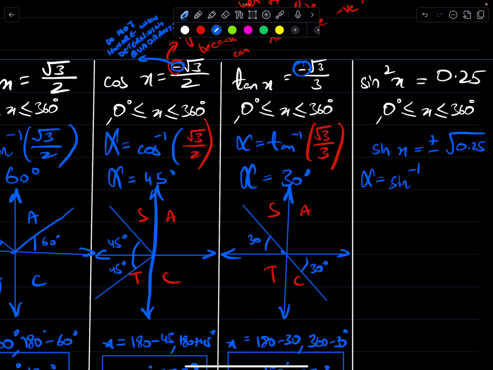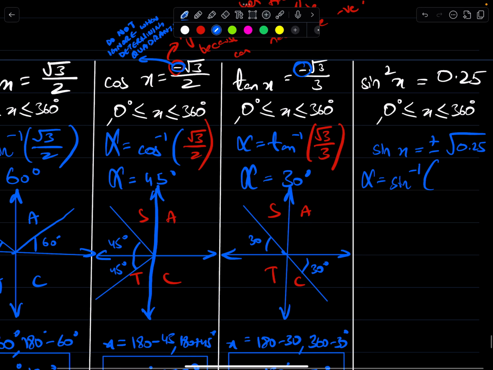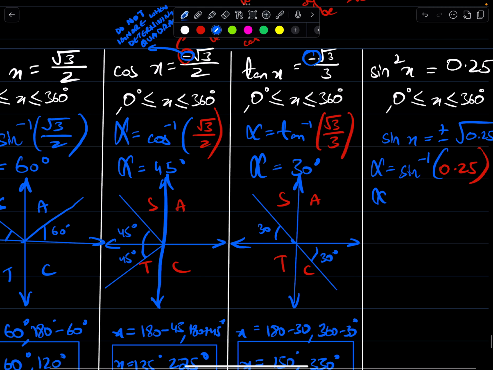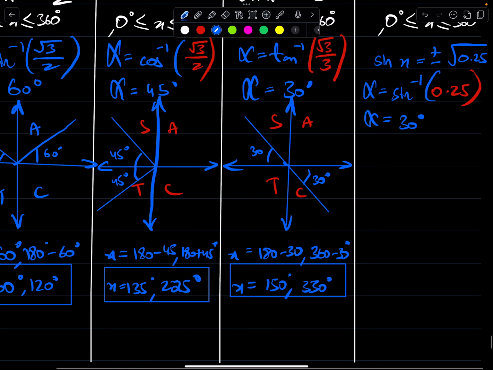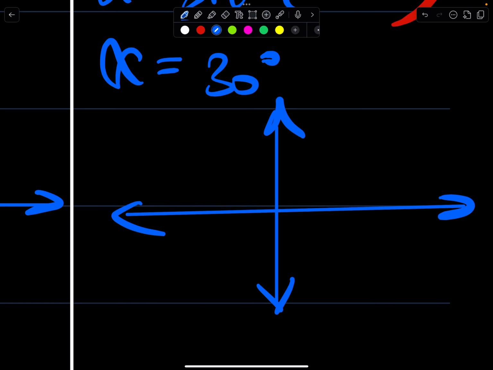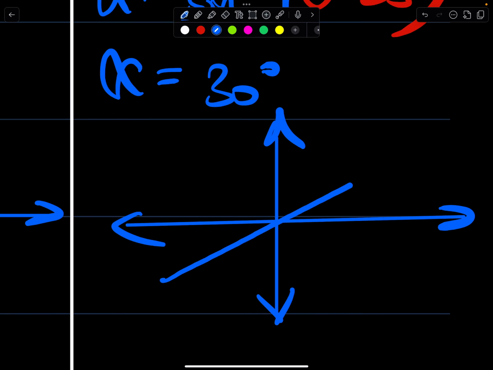Sine inverse of, we will only consider 0.5 since alpha can never be negative, and alpha turns out to be 30 degrees. We will use ASTC. I'll zoom in. Sine was to be found in all four quadrants. Thus we have something like this.